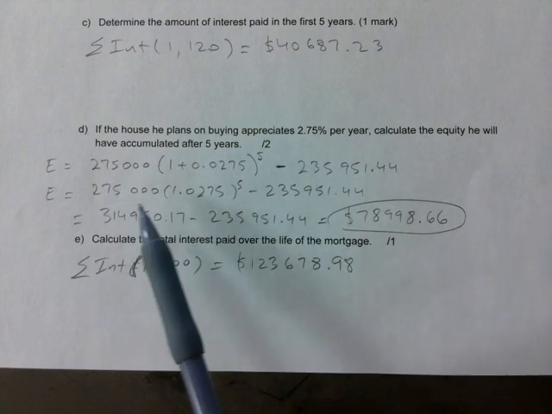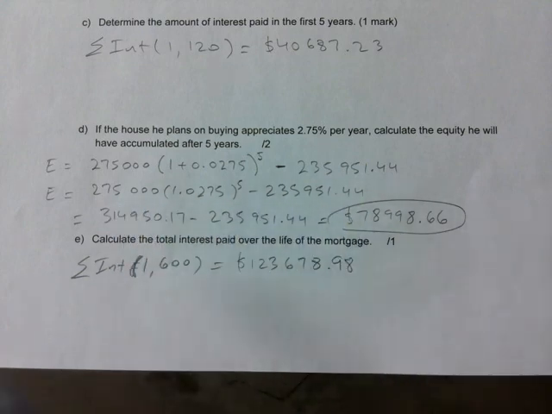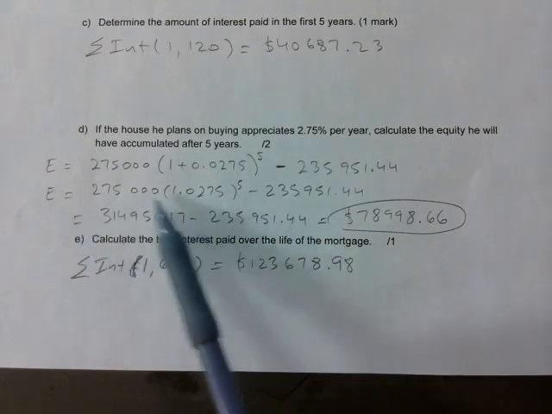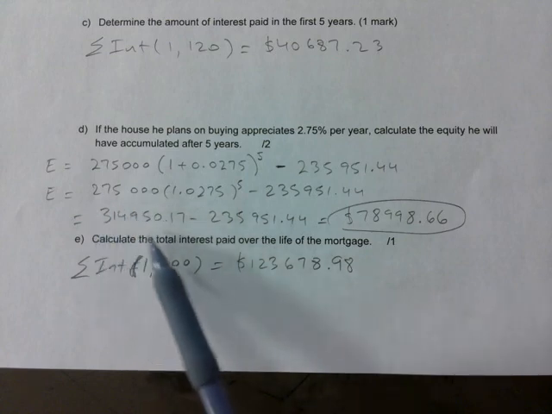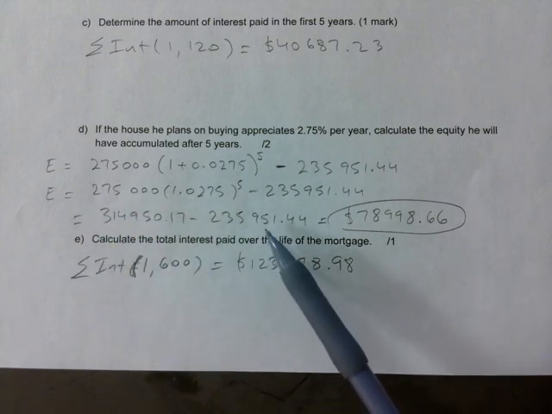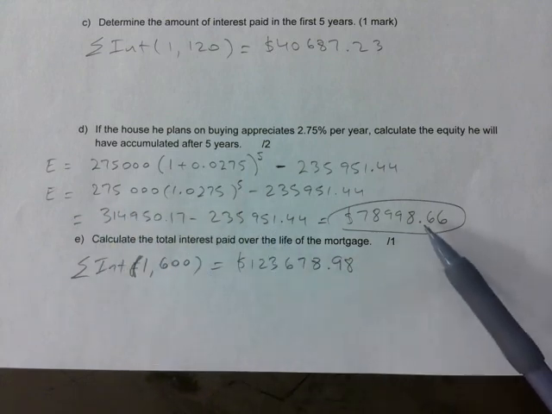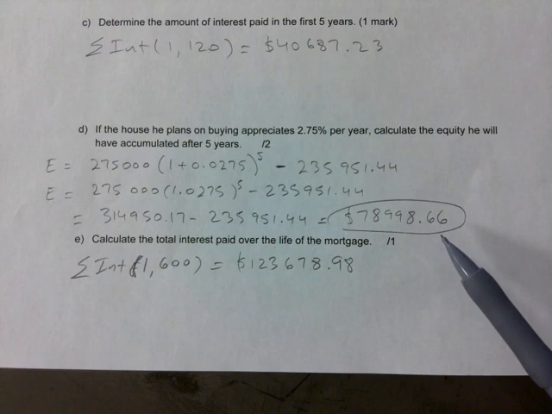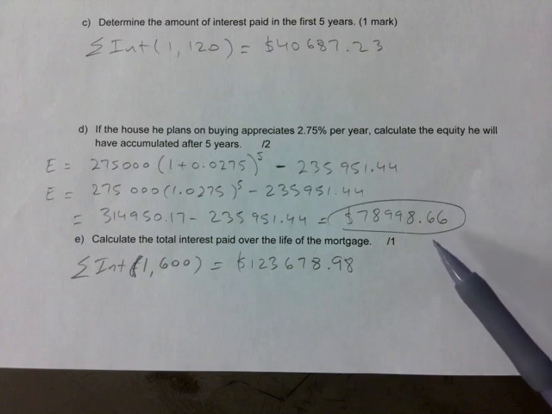Don't rush because you might start nicely, it's all filled in, but then you don't get this one right. So after 5 years, the house is worth 314 and we owe this much on it. So your equity is 78,998.66. Do we have that? Do we have a couple of people that got this? Yeah, got it. Okay.